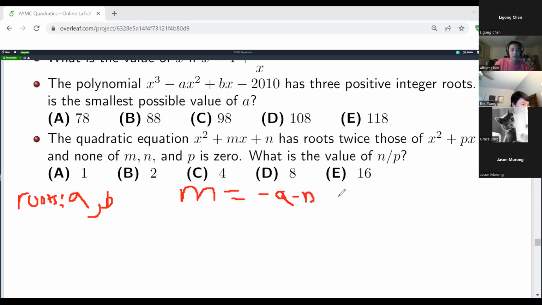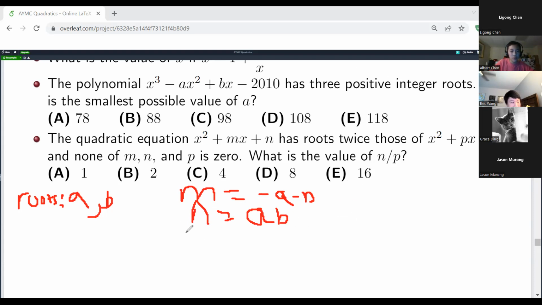This is because the sum of the roots is equal to negative m. So negative m equals a plus b, and therefore m equals negative a minus b. So that's how we get m equals negative a minus b. Next, let's go to n, and n is just equal to ab.